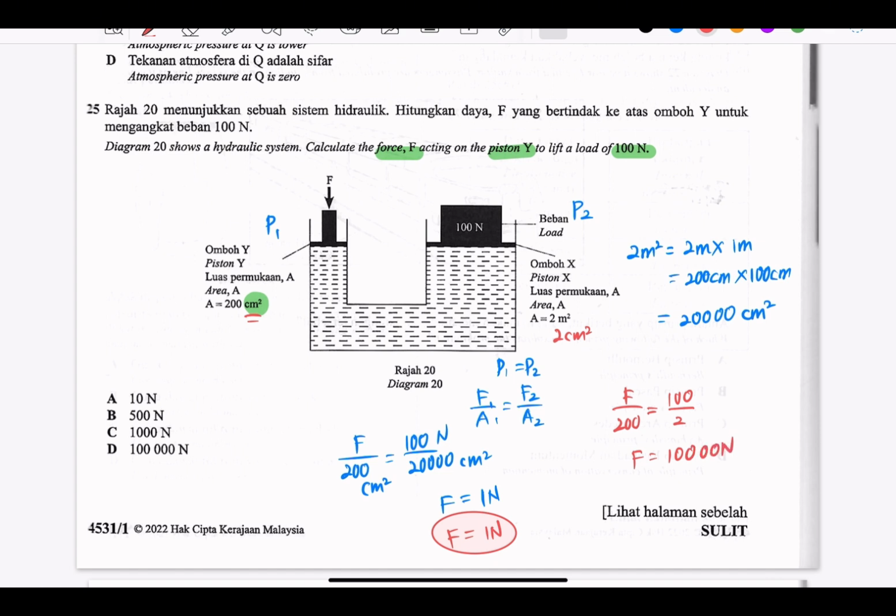And the answer is 10,000 Newton also. So we don't have the correct answer. Okay, never mind. So we remain our calculation. So this should be the answer. Force is 1 Newton.